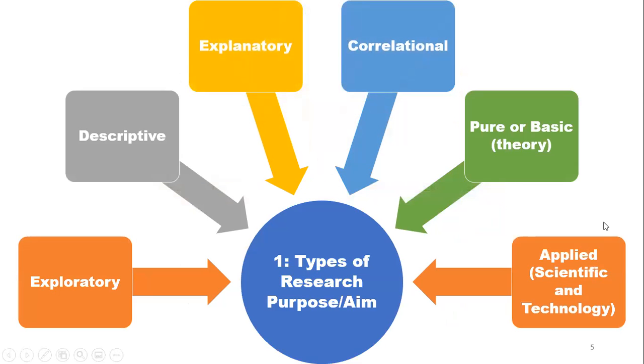So now the first one, which is on the purpose, is types of research purposes. Based on the purpose of research, research can be classified into exploratory, as the name implies, to explore, to investigate, to find out those new problems, new challenges.